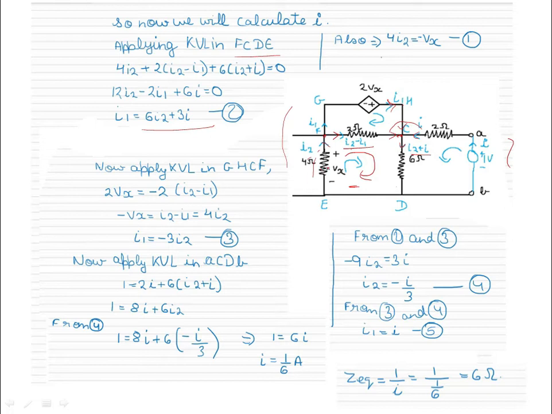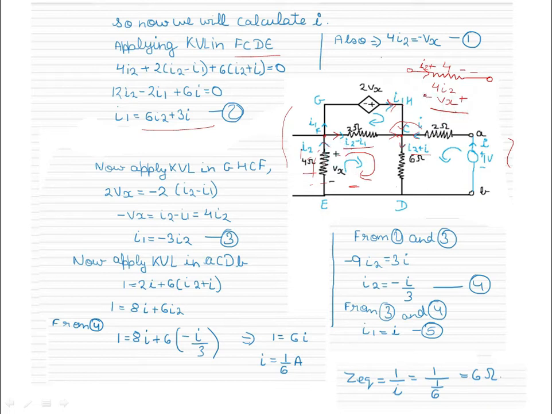Also you can see that Vx is equal to minus 4I2. Why? Because in any resistive element, when current is flowing in this direction, the polarity of the voltage drop is this. Therefore I2 is flowing this way and this is 4 ohm, so the voltage drop would be 4I2. But here it is given that Vx is in opposite polarity.